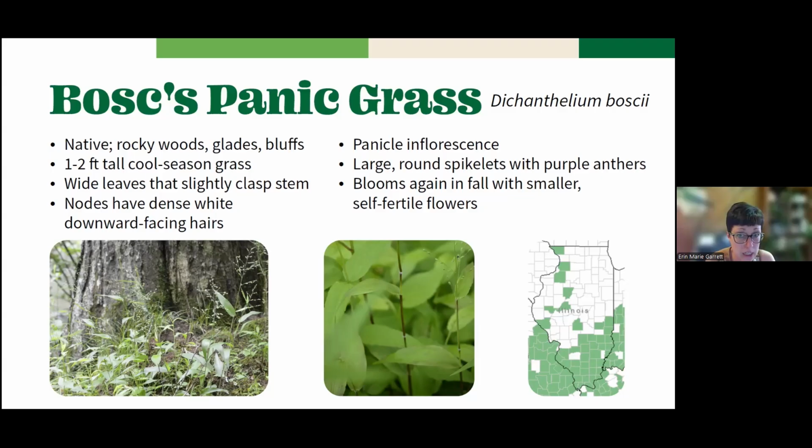And the dicantheliums as a group in general, most of them are going to bloom twice in the season. So they're cool season grasses, so they're going to bloom in the spring. But then they also, in the fall, a lot of them will put out side shoots and bloom a second time with self-fertile flowers that don't need outcrossing as kind of a backup for their seed production.